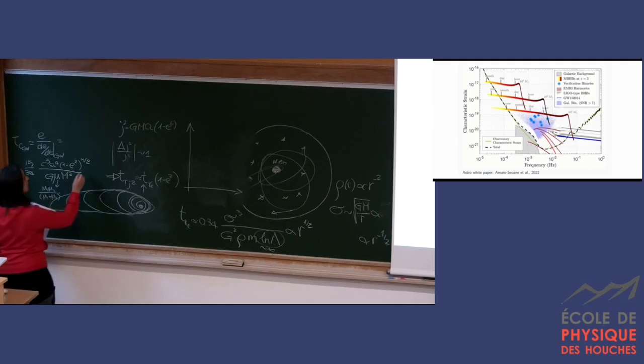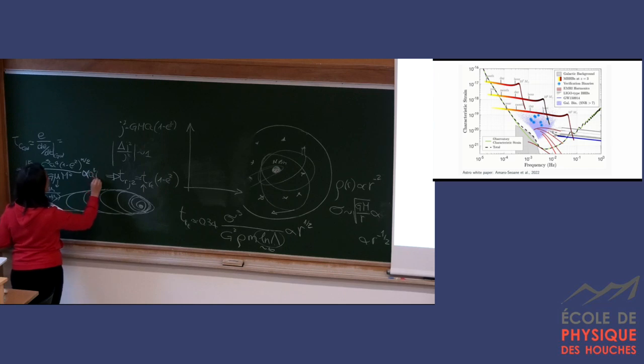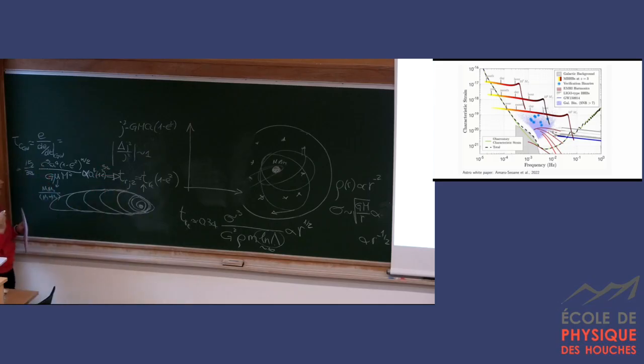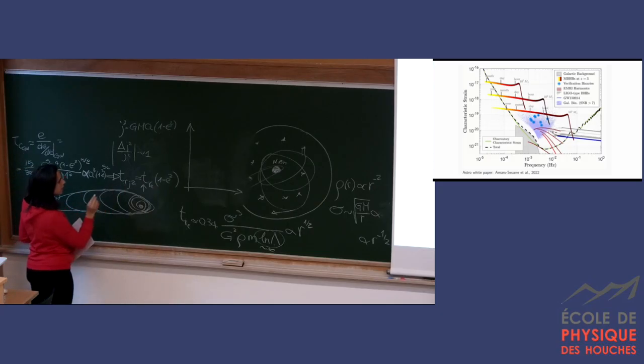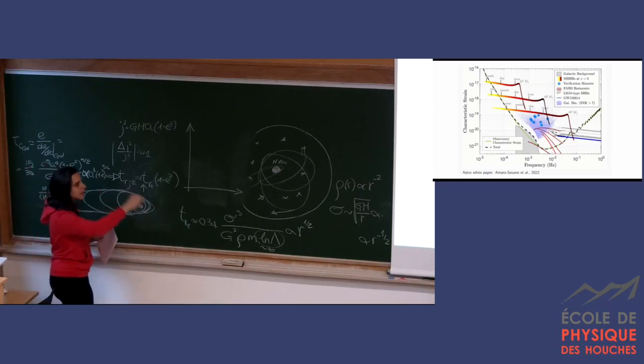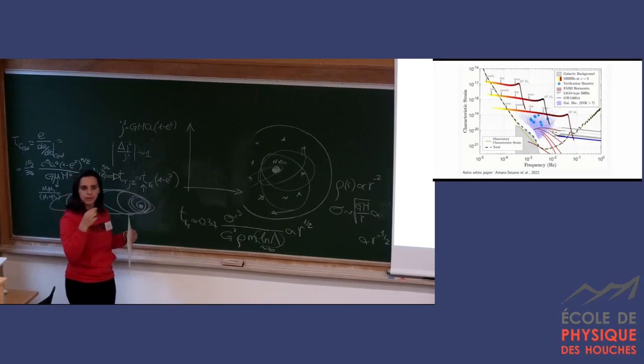What is interesting here is that the scaling is to the a to the 4th power and (1 minus e squared) to the 5 halves. Okay? And so basically, if we equate the circularization time to this two-body relaxation time in energy space, we can get a separatrix. On the one side, we have two-body relaxation that dominates farther away from the massive black hole.